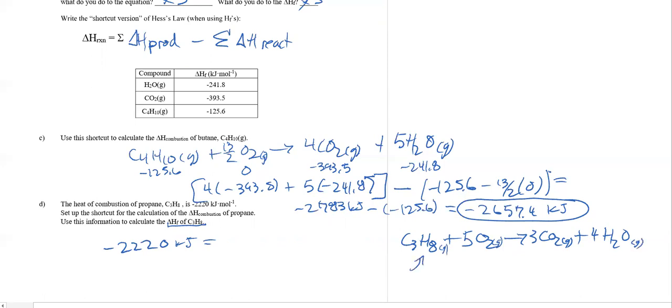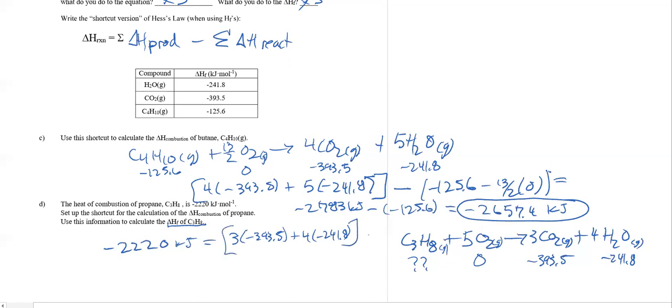And so we're looking for this one. We don't know its delta HF. Well, we know this one's 0. We know this one is negative 393.5. We know that this one is negative 241.8. So we know that the delta H of the reaction is negative 2,220. So this should be, delta HF, oh, sorry. This should be 3 times our CO2s plus 4 times our water.